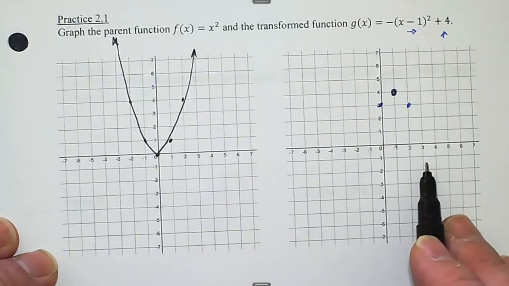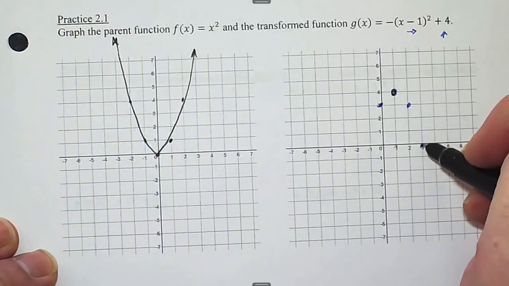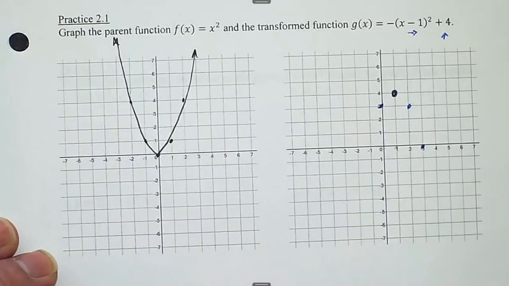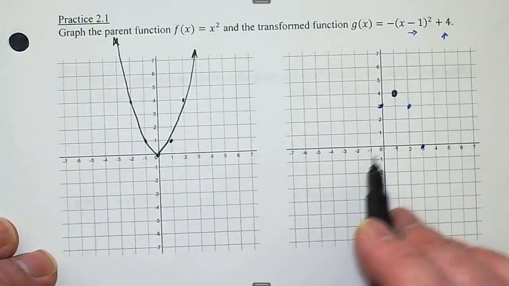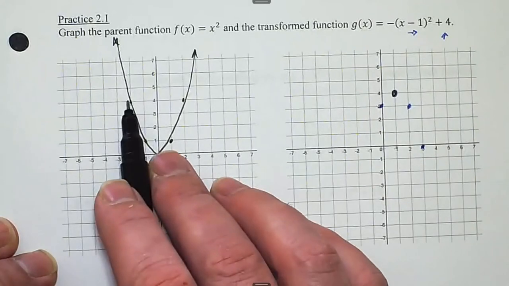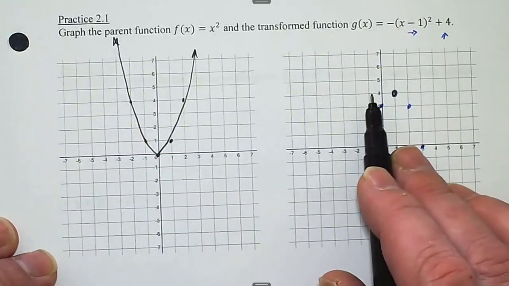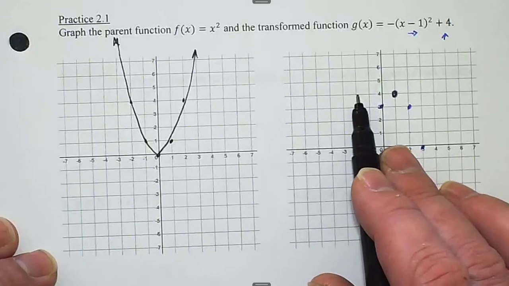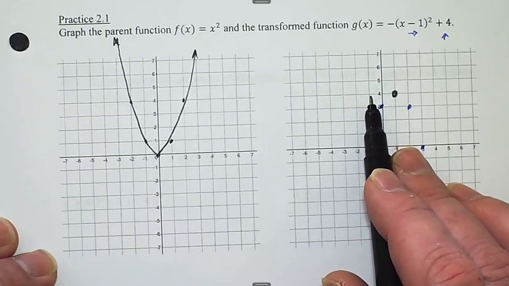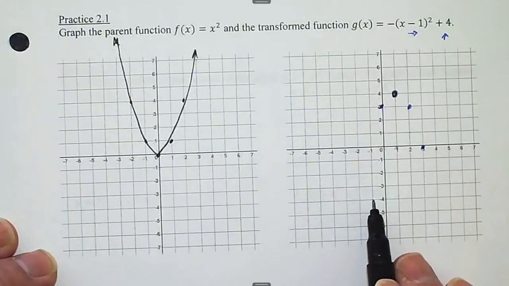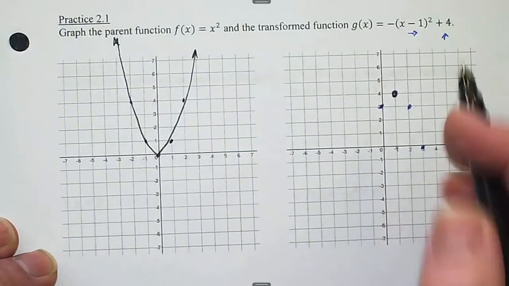Shift up 1, 2, 3, 4. Okay, this point here at negative 2, 4. 1 to the right. Reflect down. Shift up 4.